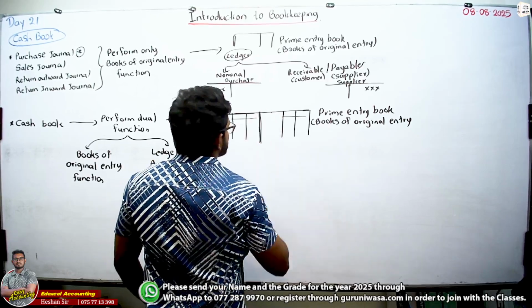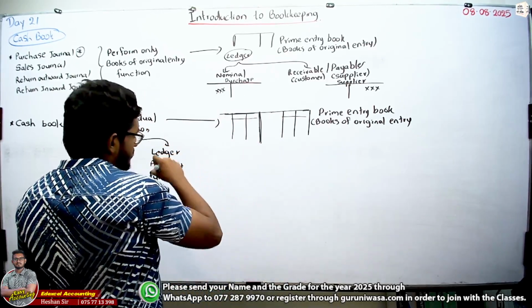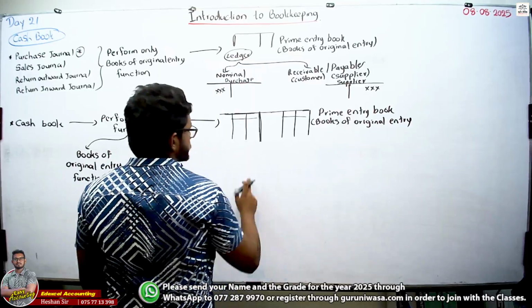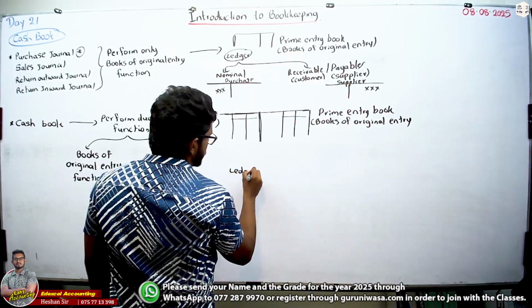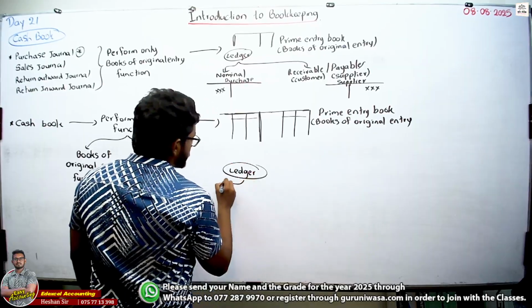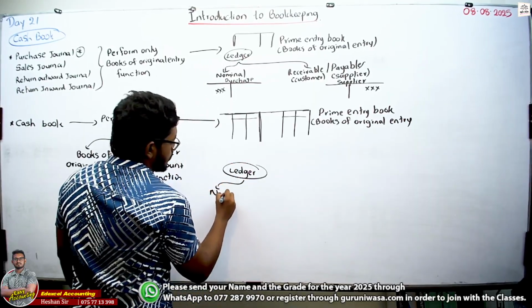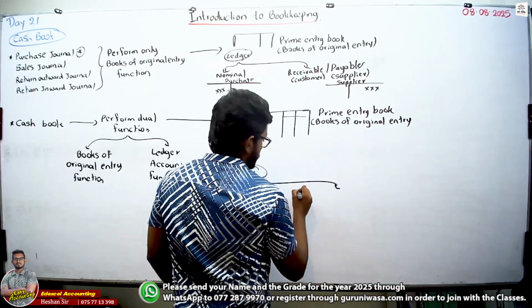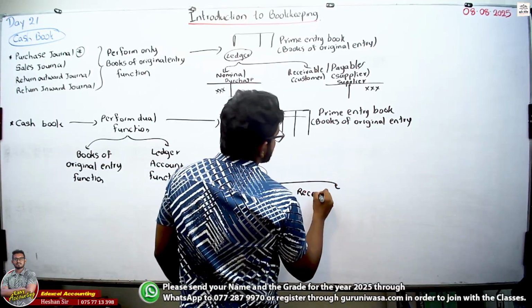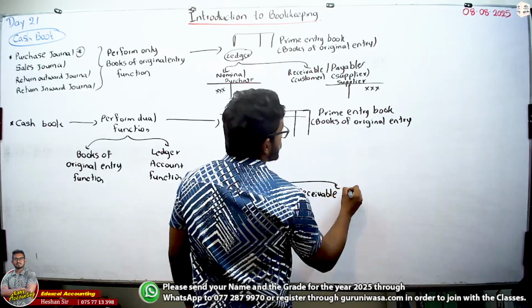Now when it comes to the ledger, there are mainly three types: nominal, and receivable or payable.